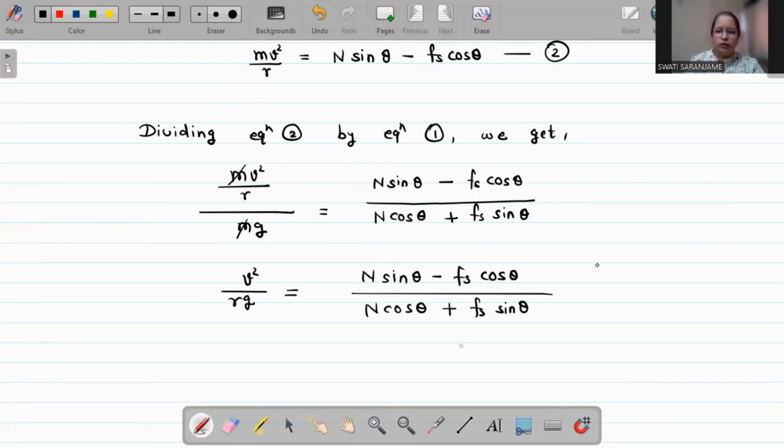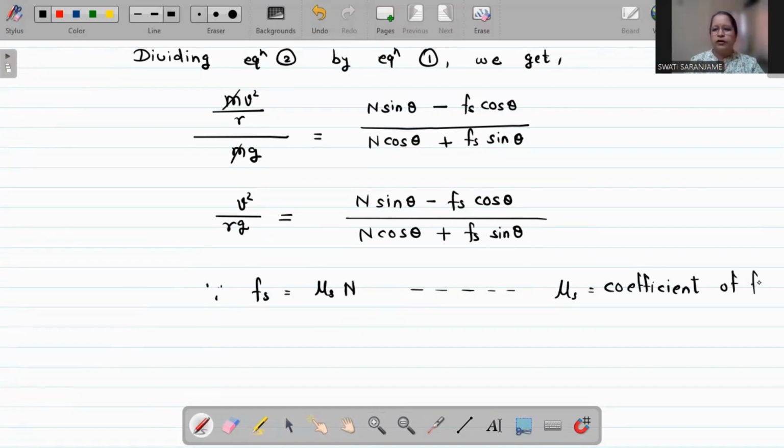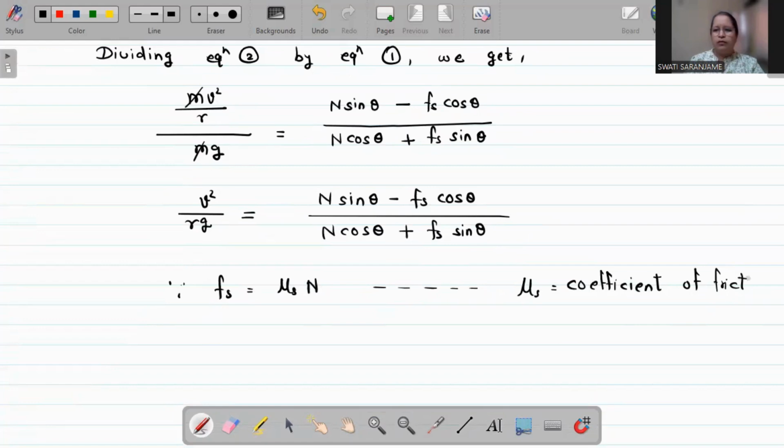As we know, the force of friction is equal to mu s n, where mu s represents the coefficient of friction and n is the normal reaction.